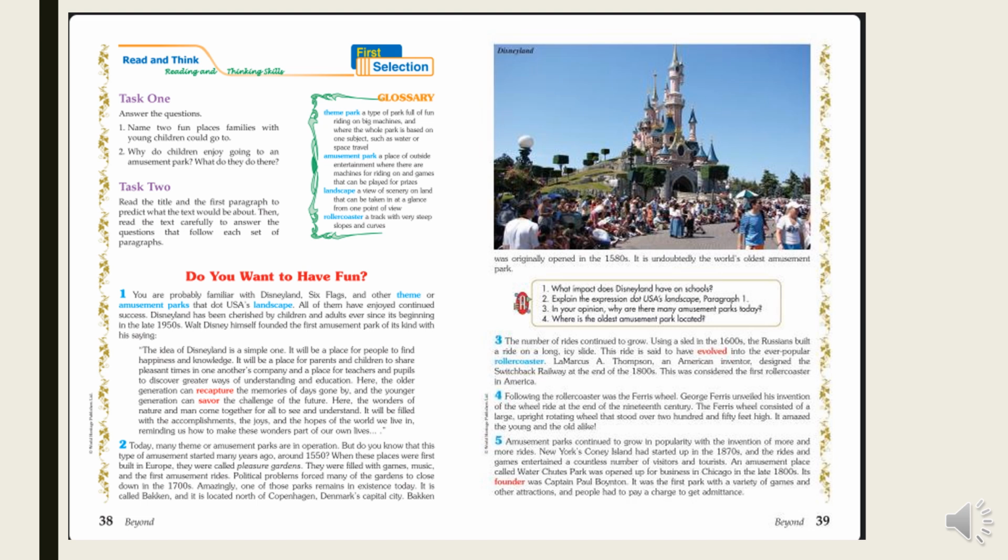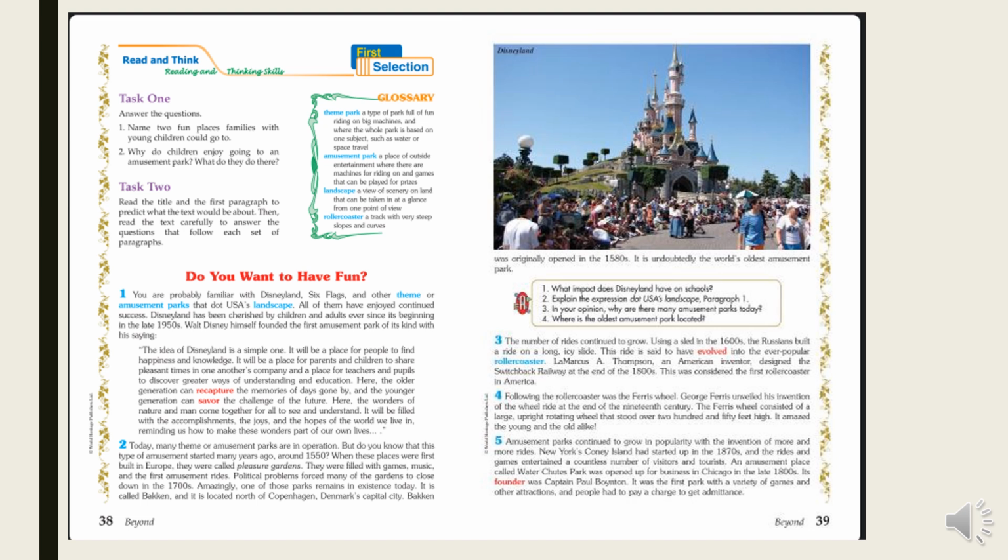Amusement parks continued to grow in popularity with the invention of more and more rides. New York's Coney Island had started up in the 1870s, and the rides and games entertained a countless number of visitors and tourists. An amusement place called Water Chutes Park was opened up for business in Chicago in the late 1800s.